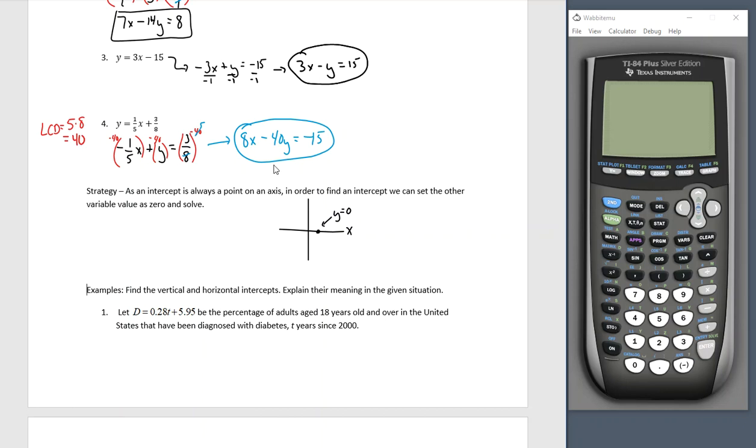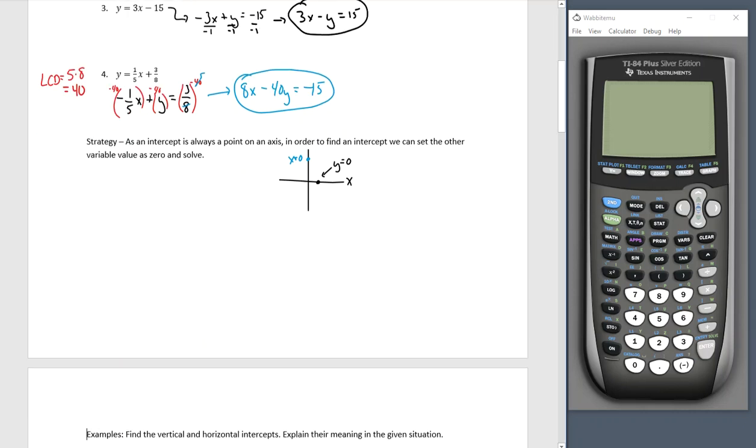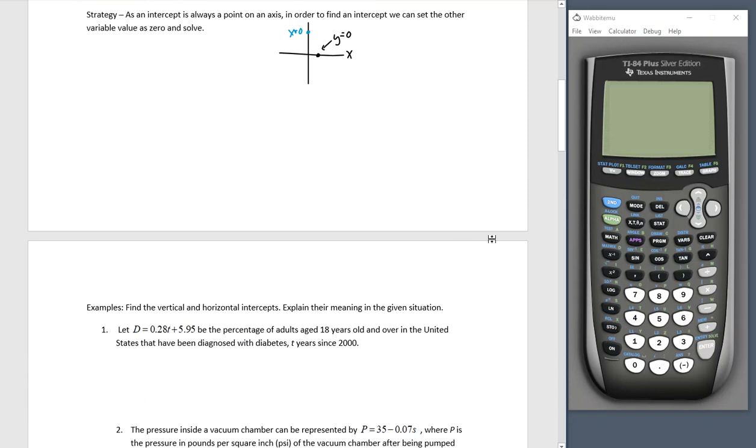Similarly, if I have a point on the y-axis, I did not go right, I did not go left, my x value is 0 for a y-intercept. So anytime we're looking for an intercept, we set the opposite value to 0. So let's check it out. I'm going to take this problem all the way to the next page so we can see it all together.